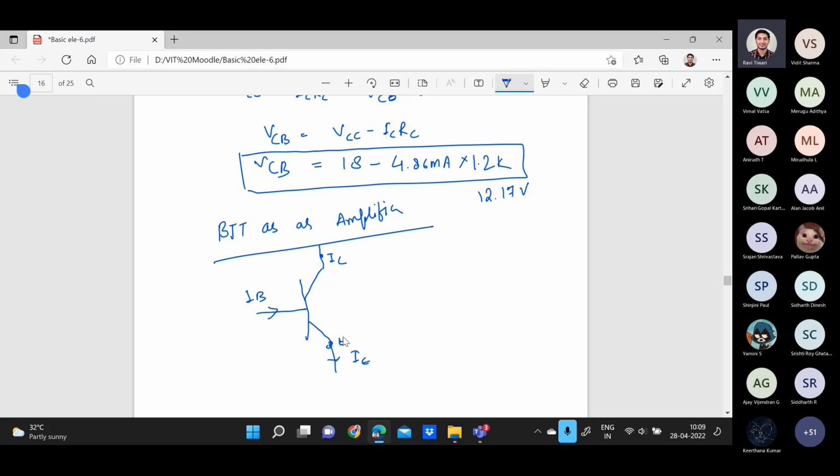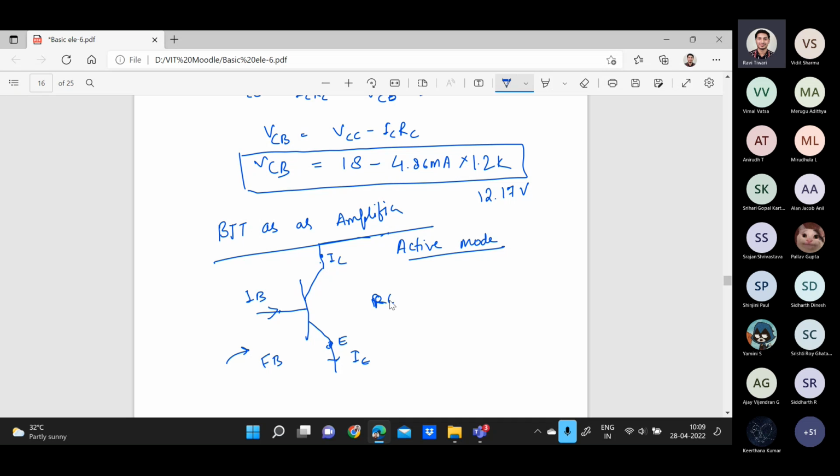This is the emitter region, this is the collector region, and this is the base region. If you are connected in the active mode, what does active mode mean? The input terminal is forward biased and the output is reverse biased. We saw the input and output characteristics, right?